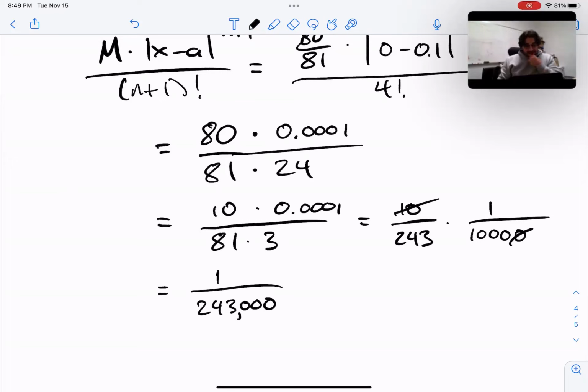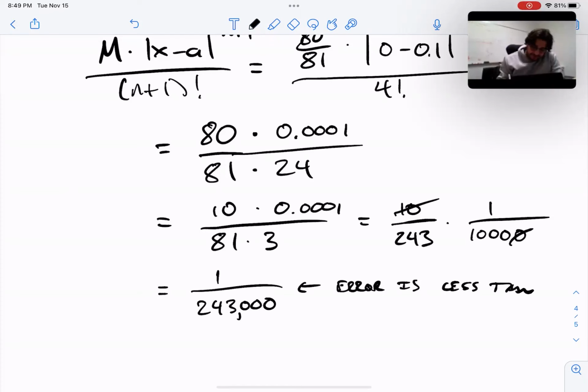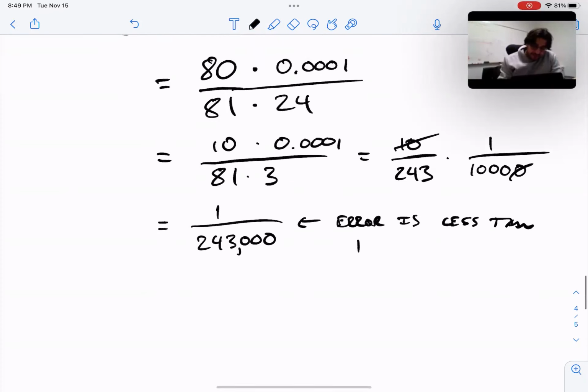It means that the error is less than this, right? The error is less than that amount, and in particular, the error is less than 1 over 100,000. I'm rounding down to the nearest power of 10. Why am I doing that?